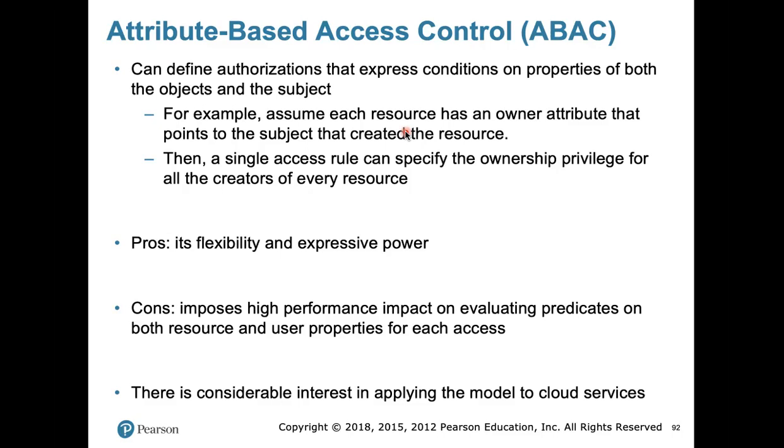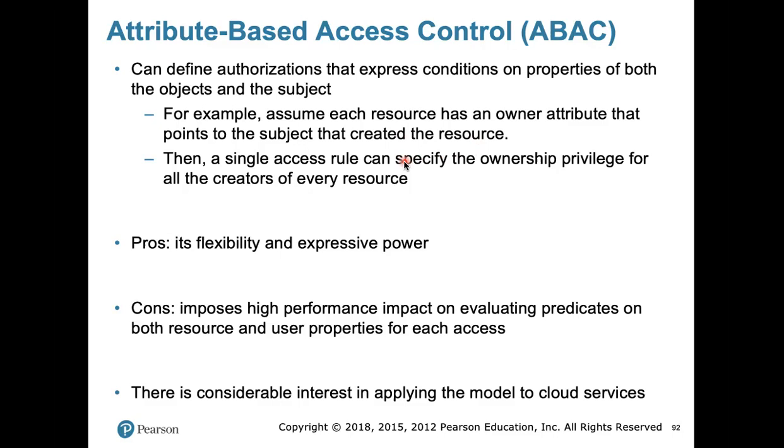So this means that if the creator, which is one attribute of the file, of the resource, matches the ID of the requester or the subject, that means that the person who wants to access is the person who generated the resource or the file. So the access should be granted in this situation.